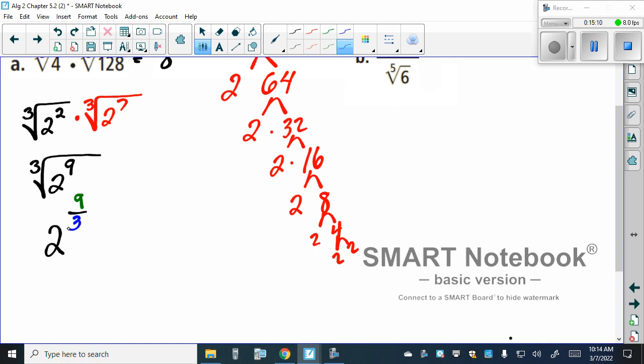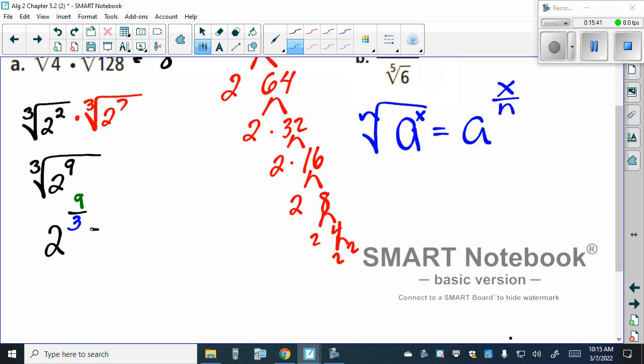And this is coming from the nth root of a to the x is equal to a to the x over n. The denominator of our rational exponent is whatever the root is. So if there's an exponent inside, it goes on top and the root goes on bottom.